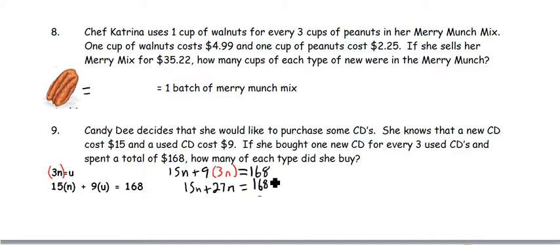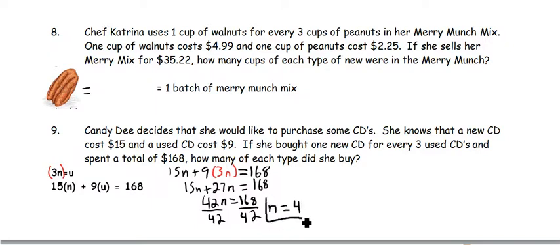Sorry for the brief delay there. When we add those together, we get 42N equals 168. We divide by our coefficient, and we get N equals 4.